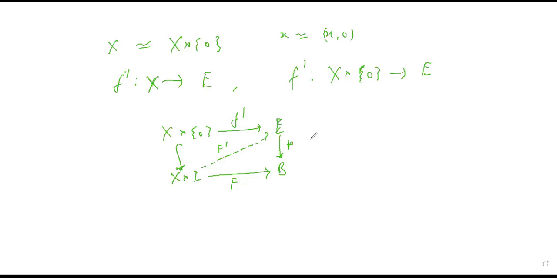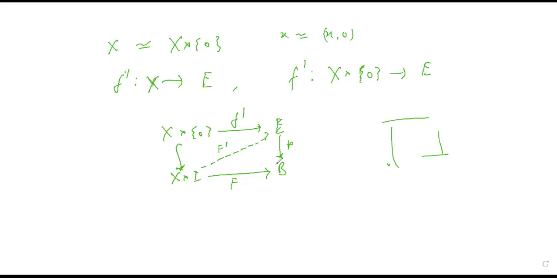Okay, so the homotopy lifting property can be considered as: given any map p from E to B, capital F from here to here, and f prime from here to here, such that this diagram is commutative, right? Suppose we are given a commutative diagram like this.